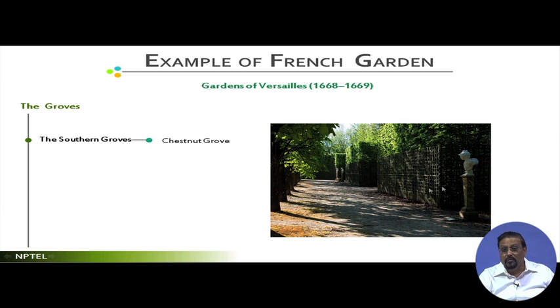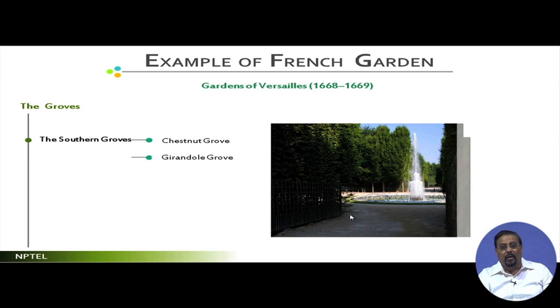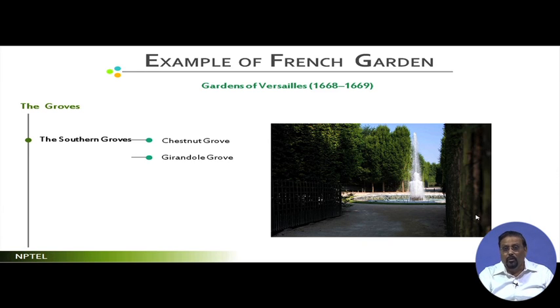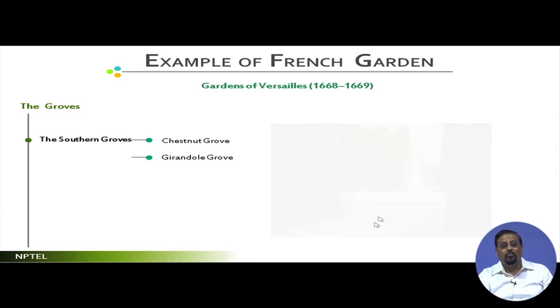Chestnut grove, where you see pathways and fences beyond which the groves are planted, and we also have trees on the left-hand side creating a kind of wall effect, and this is what a grove is. And then we have the girandole groves, very well maintained, with large plants at the back.